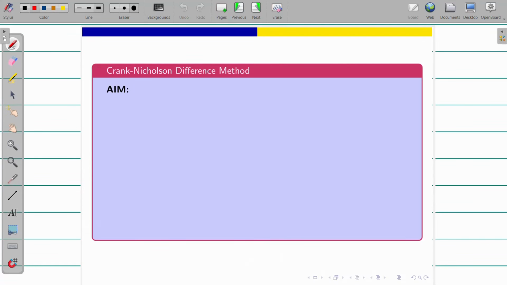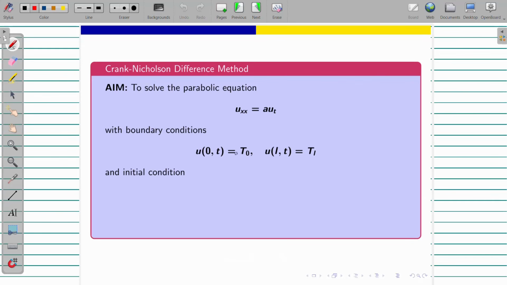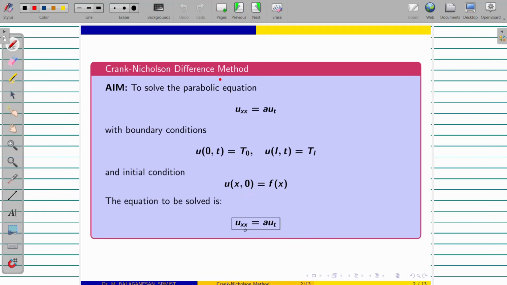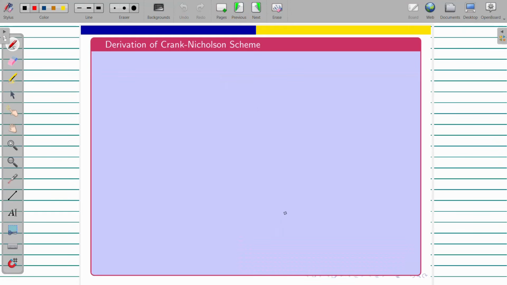To solve the parabolic equation, Crank-Nicholson is going to consider the boundary condition and the initial condition to solve u double x equivalent to a into ut. That is the one-dimensional heat equation.